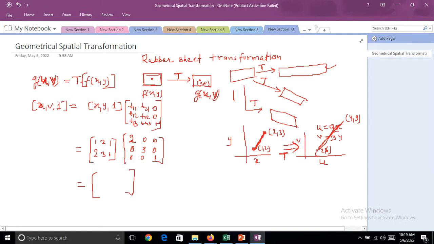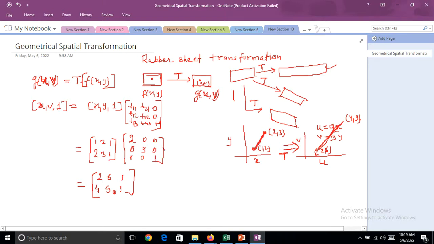So this will become 2, here it will become 6, and then 1. The second row will become 4 and 9 and 1. If you simply ignore the third column, we got 2 points, 2 comma 6 and 4 comma 9.